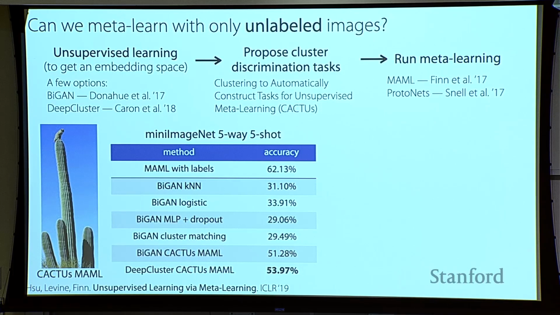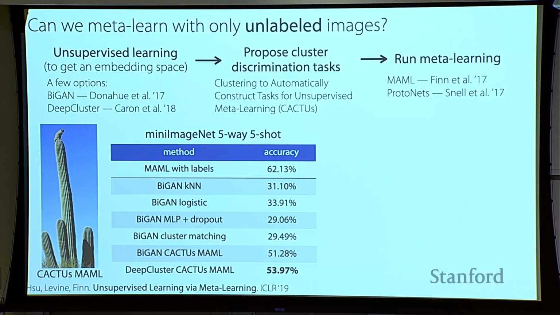Yeah. So are there labels at meta test time? Oh, awesome question. Yes, in this case, there are 25 labeled examples at meta test time. So the meta training set is completely unlabeled, and then at meta test time, you run it the same exact way as normal labeled meta training, where you are given a very small training data set, in this case 25 examples, 5 examples of 5 different classes.